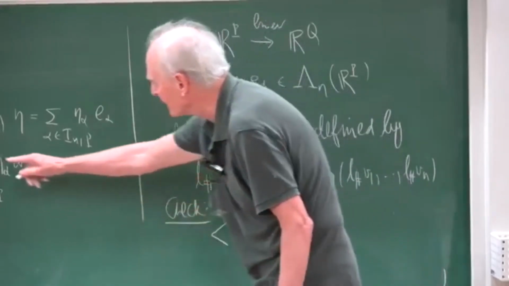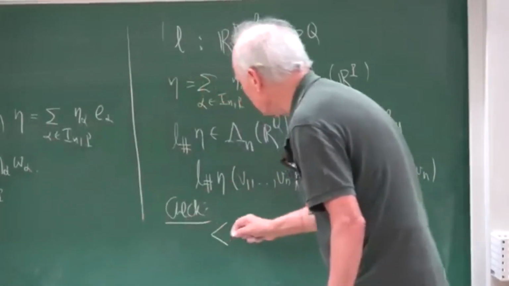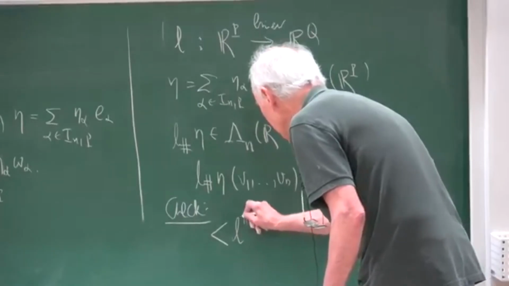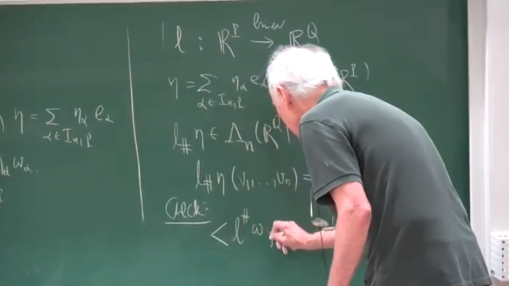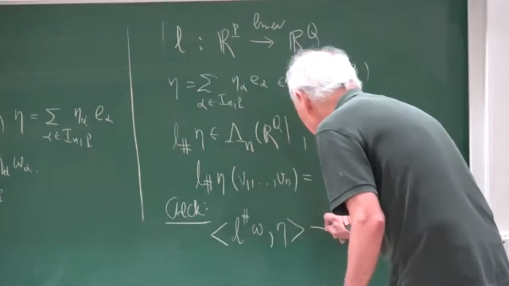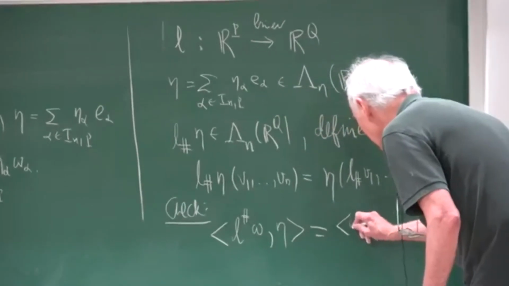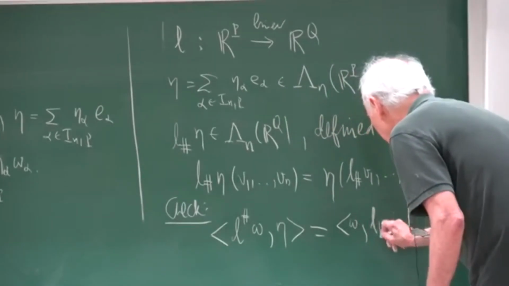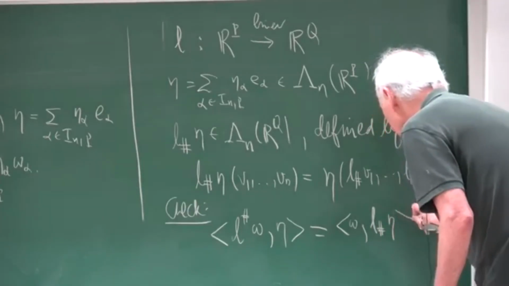If you take the dual pairing here, then L sharp omega paired with eta is exactly the same as omega paired with the push forward of eta.